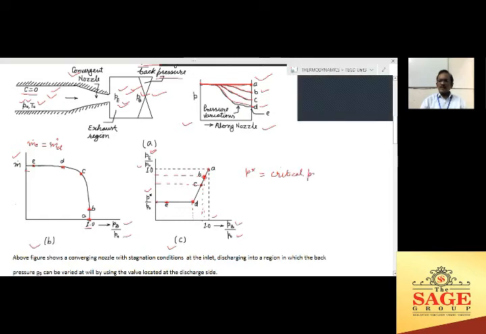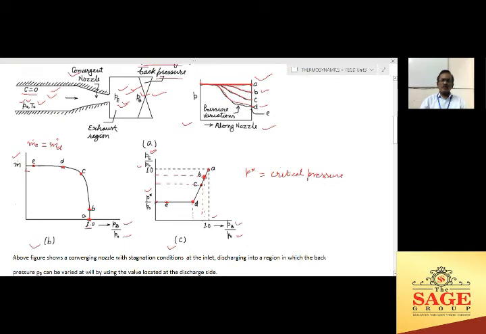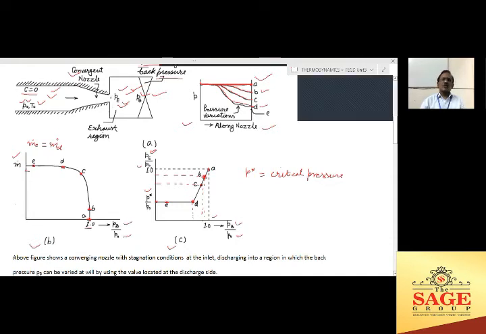Critical pressure is the minimum pressure. Beyond this, if we decrease the pressure further, there will be no change in this pressure, because that point will exist outside the nozzle, not at the axis of the nozzle.